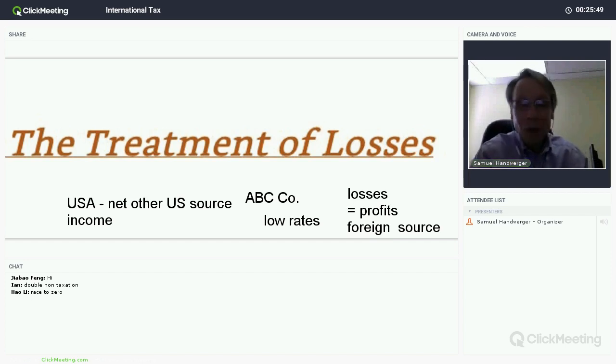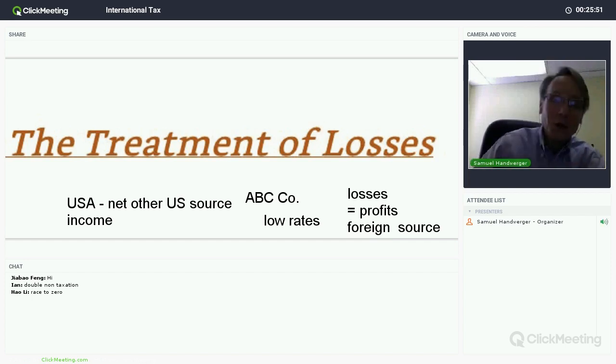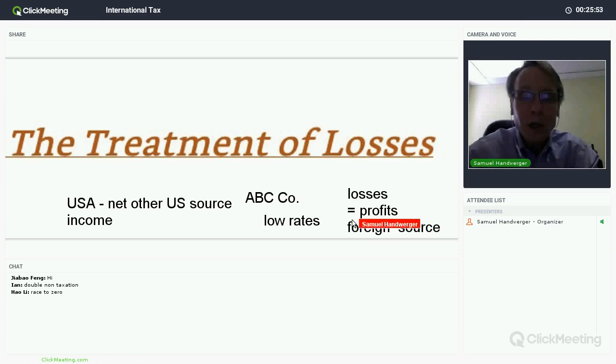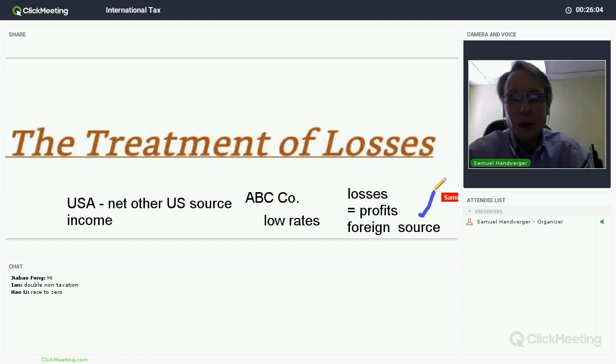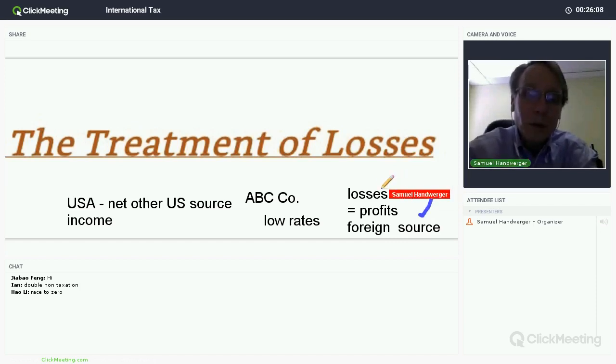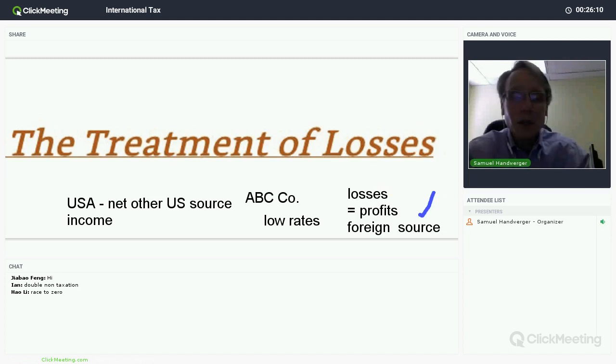Okay. But here, we've got a situation going where if we can turn the tide and suddenly change ourselves over from being a U.S. resident to something other, and it becomes foreign source, so when we have profits, they don't get taxed in the United States, but the losses were used.